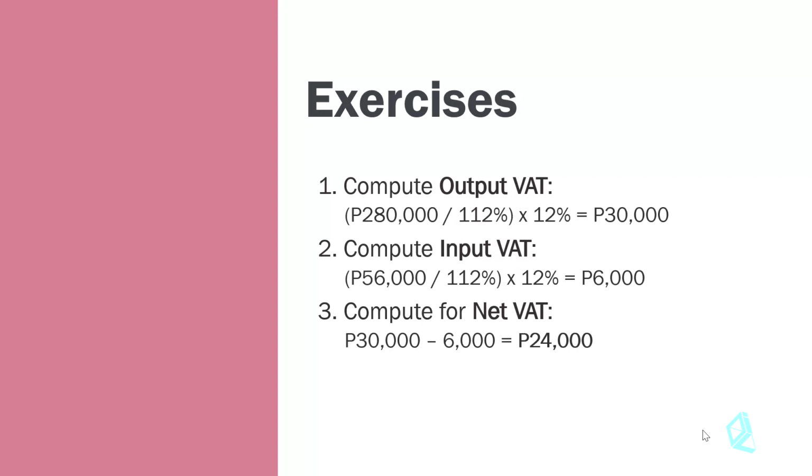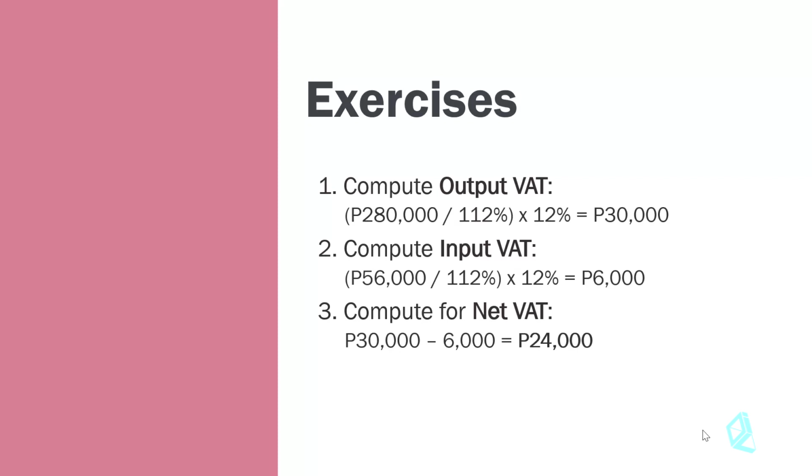of the 12%. So in order to remove or to get the tax base, you simply have to divide 280,000 by 112% or 1.12. So you will get there 280,000 divided by 1.12, and you will get an amount there.